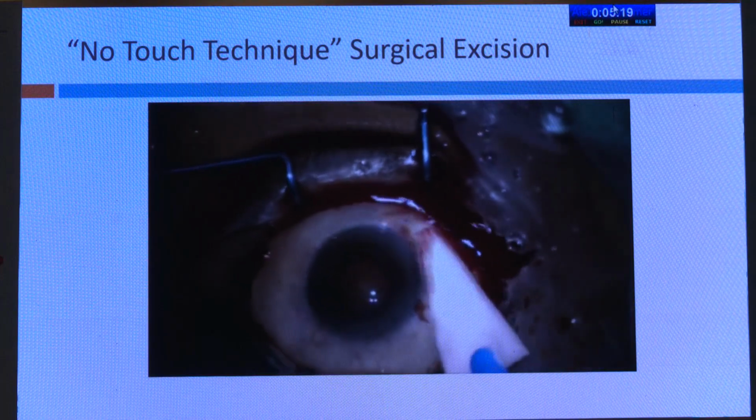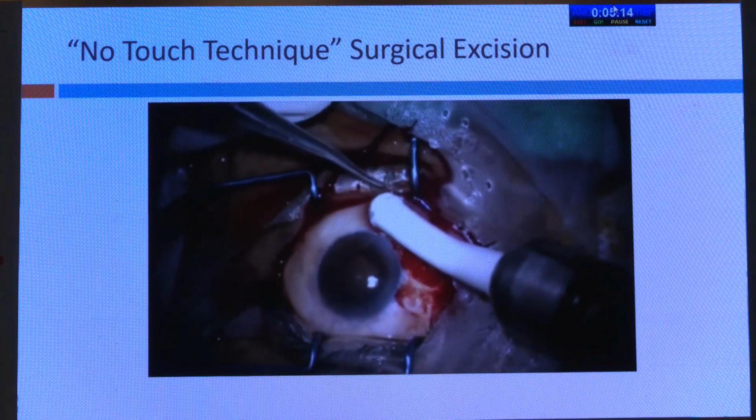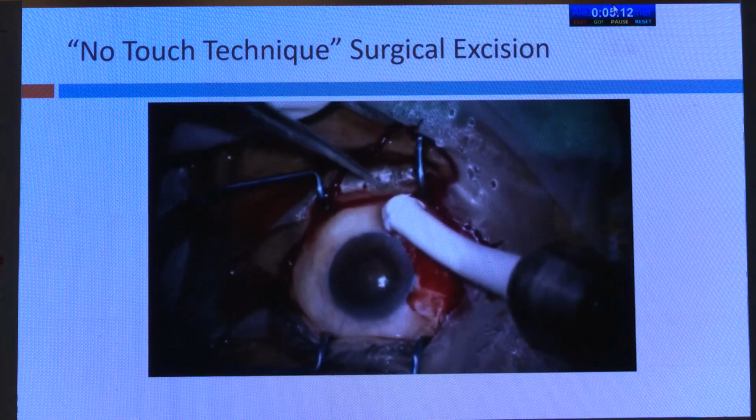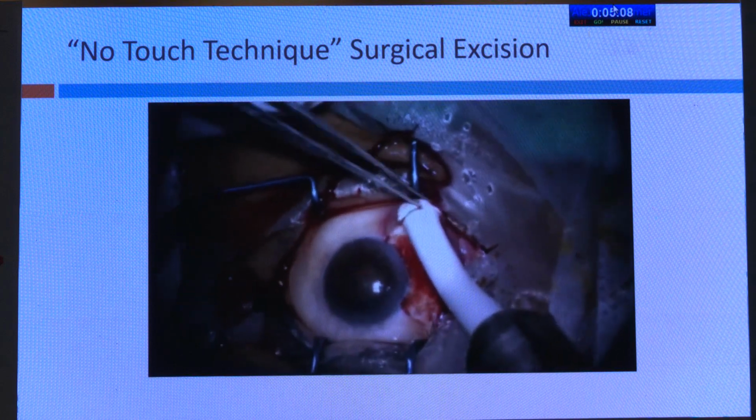It is important that you do not reuse the instruments that you have used to dissect the tissue in the later stages of the surgery, so that you do not inadvertently cause tumor seeding to the normal tissue.